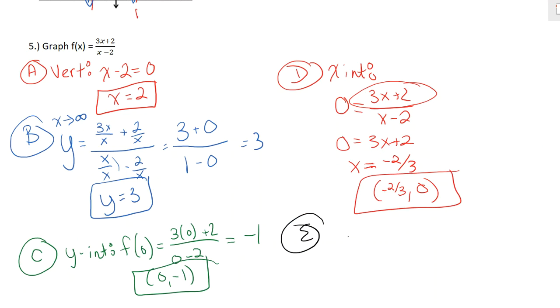The next thing to ask is, does it cross the horizontal asymptote? Well, our horizontal asymptote is y equals 3, right? y equals f of x. So does that equal our function?